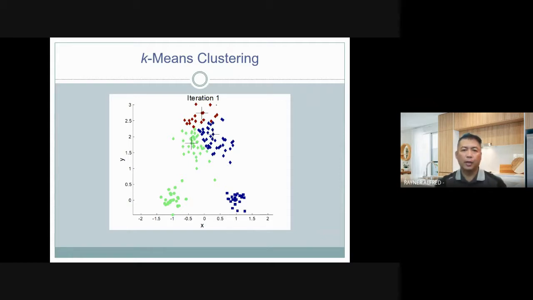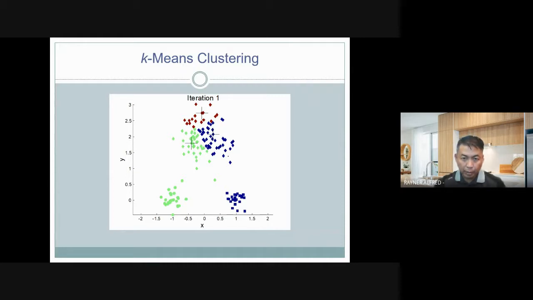So you look at the color. If red, they belong to this cluster. If blue, they belong to this center, and green belong to this. Okay. So once we finish with the first iteration, what we want to do is find a new centroid.